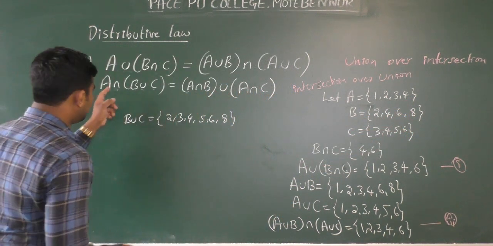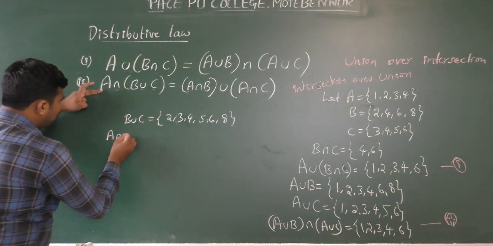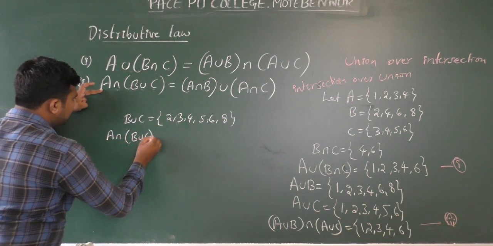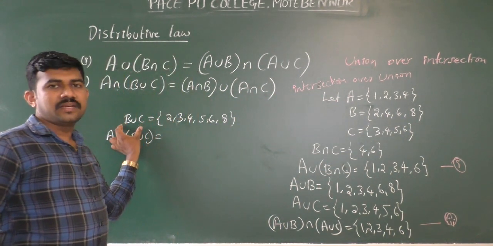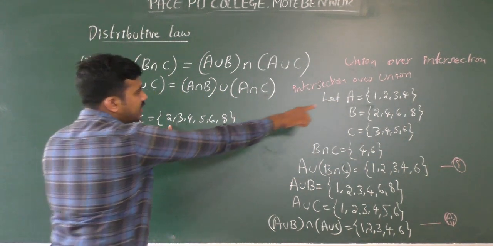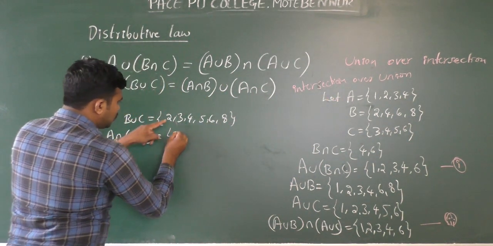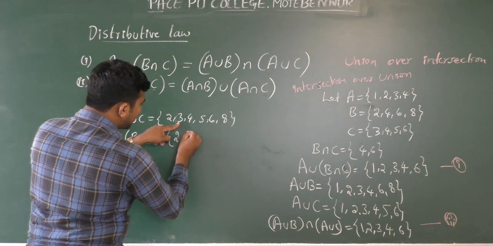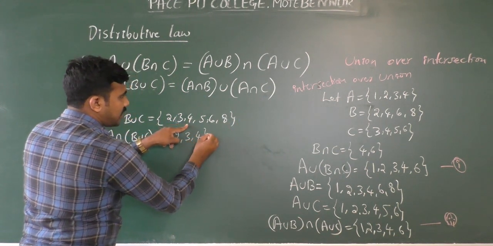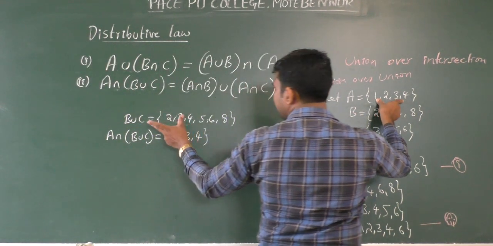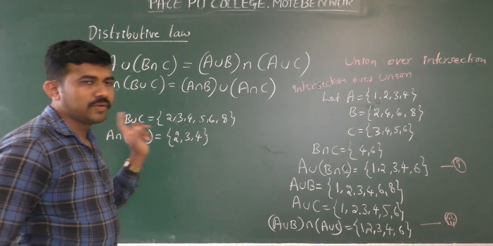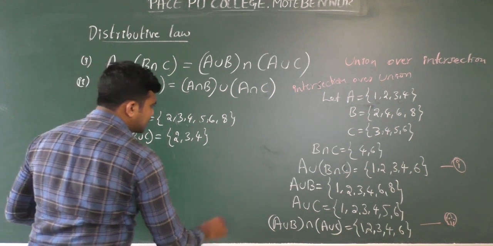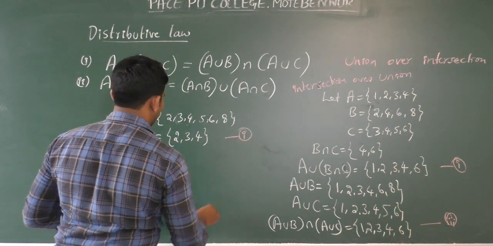Similarly, A intersection of B union C. What are the common elements in A and B union C? You have the element 2, next element 3 you have there also, and element 4 also. So from A and B union C, you can observe the common elements are 2, 3, 4. This is our LHS value.